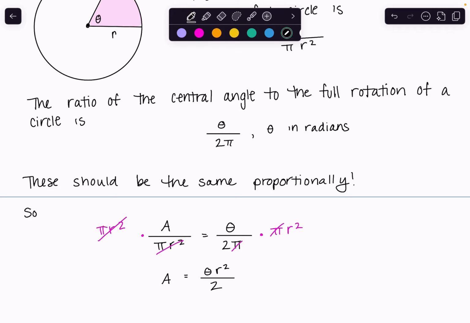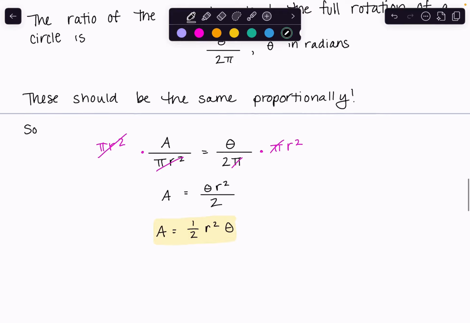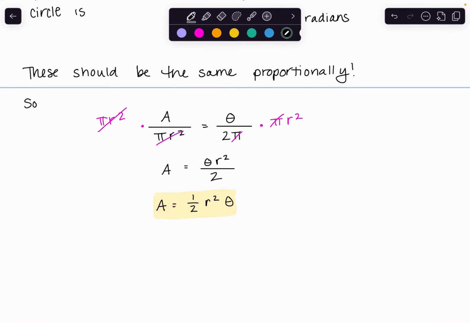But really, that formula doesn't look so nice. So the one we actually use is, dividing by 2 is the same thing as multiplying by 1/2. So it's 1/2 the radius squared times theta. And again, that theta is measured in radians. So all of our formulas come from radians, which is why when we get to graphing trig functions, everything is in radians.